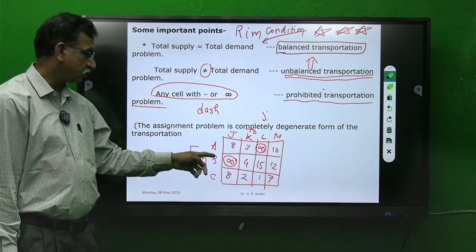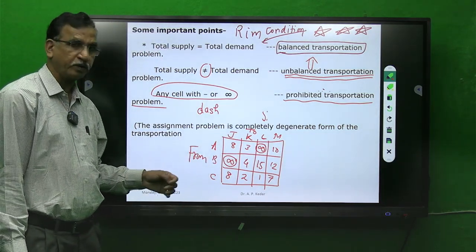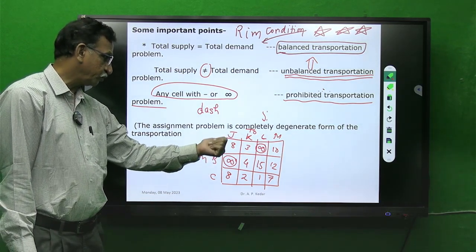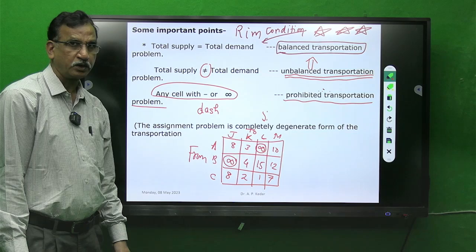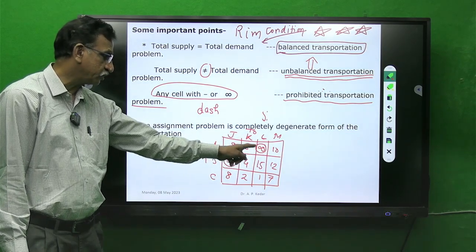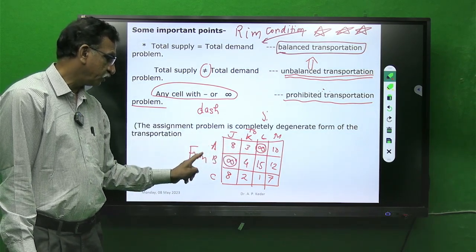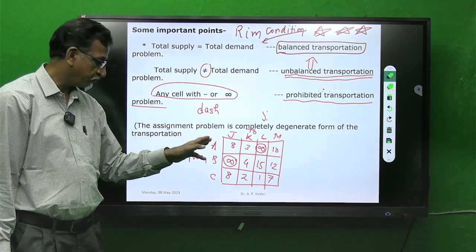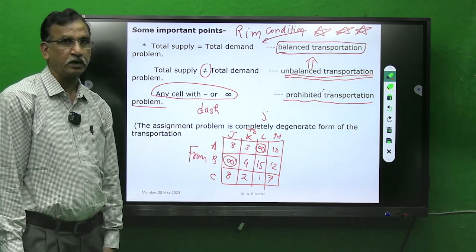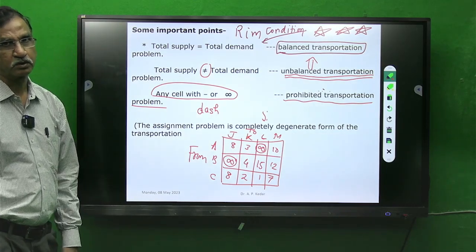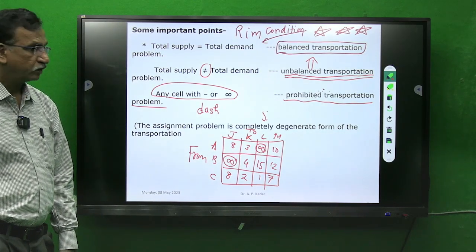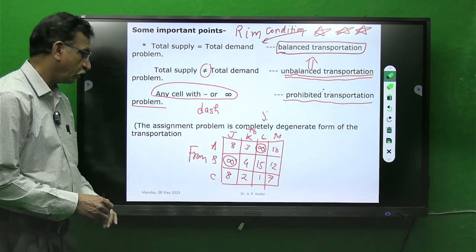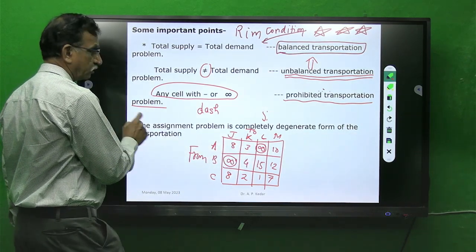The meaning is there is no possibility of any shipment or transport from city B to city J. Transportation is never possible from A to L. Looking to the cost parameter, infinity means you won't get assignment in this particular cell.